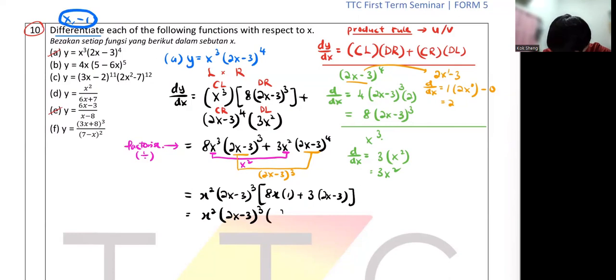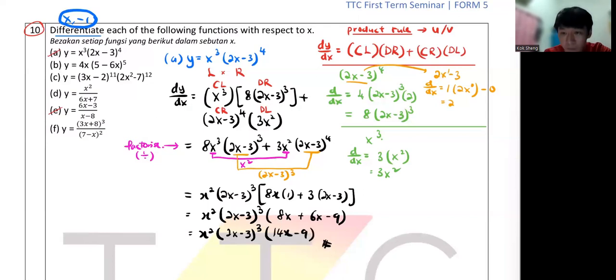The bracket here just expand, and then 3 times 2x is 6x, 3 times 3 is 9. 8x plus 6x is 14x minus 9. Yep, this is the 10A.